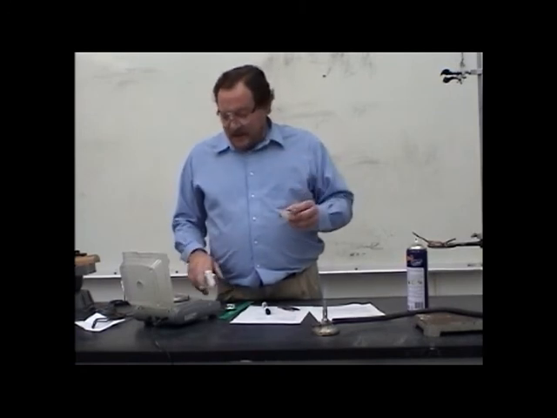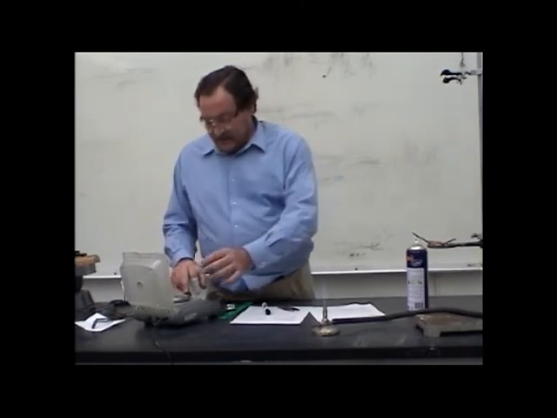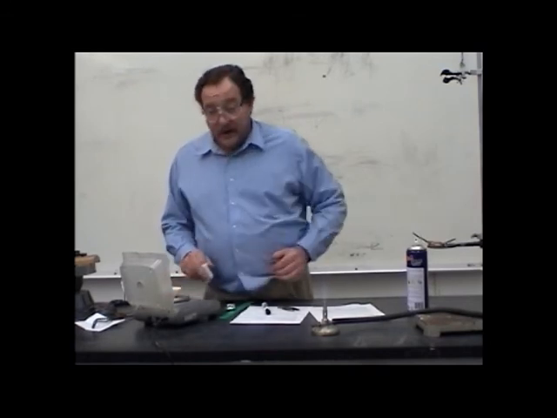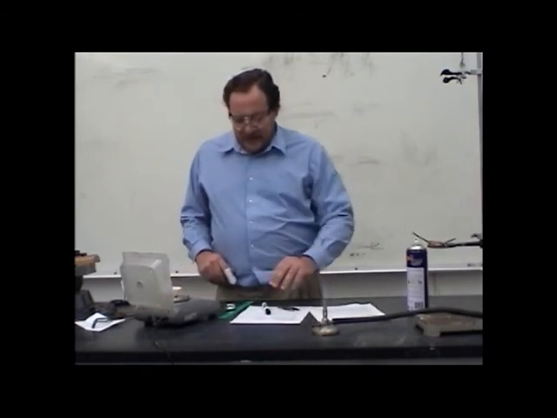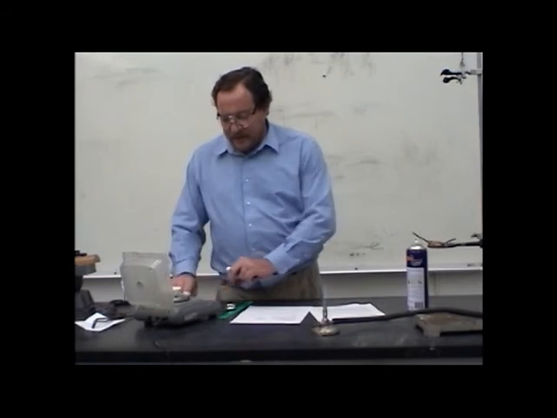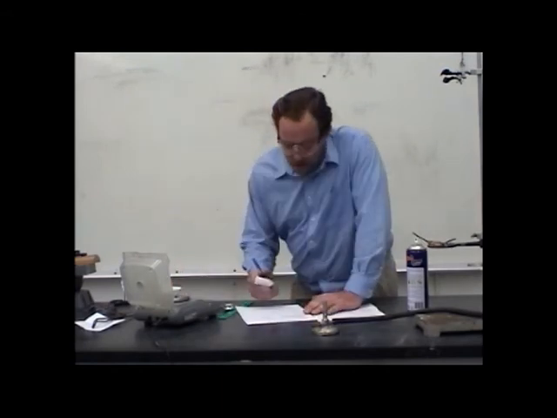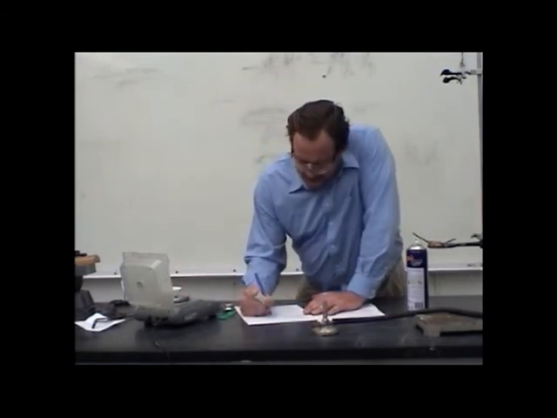Okay, I've got my ash on here. I'm going to set my scale with my product in there, and it measures 21.23 grams. So I'm going to record that on my sheet here. So 21.23 grams.